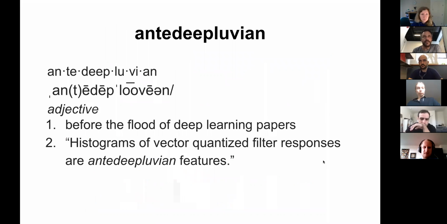So this brings us to a little historical comment that some of the older researchers among us will remember. I just use this term antediluvian to refer to techniques from computer vision before the flood of deep learning papers. It's just a play on the word antediluvian, which means before the flood.